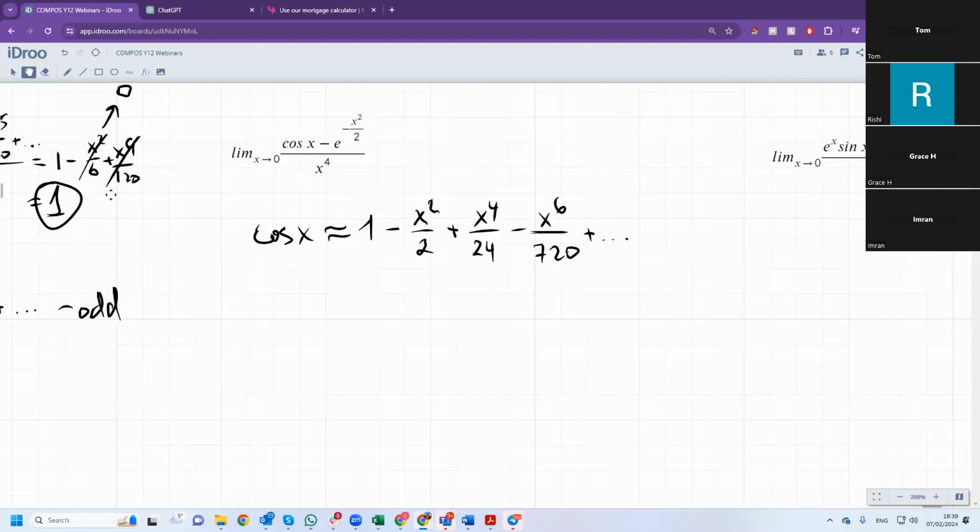And cosine is an even function, and it only contains the even powers of x. That's quite important.